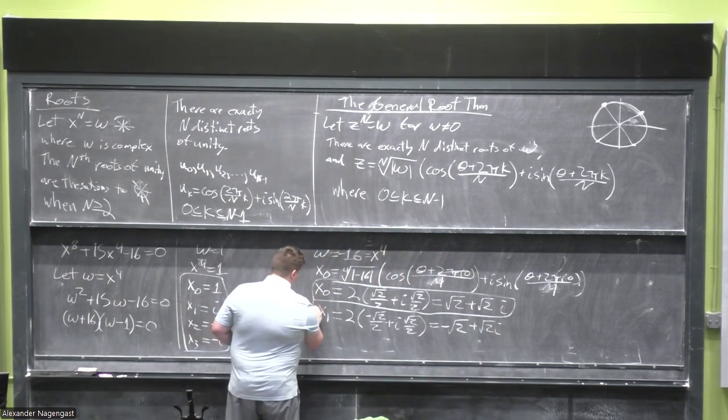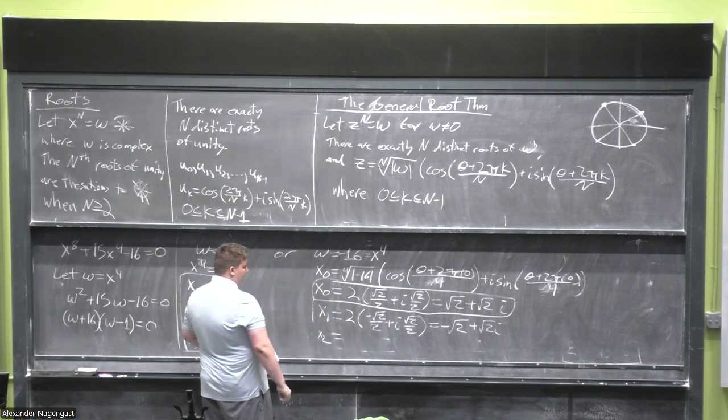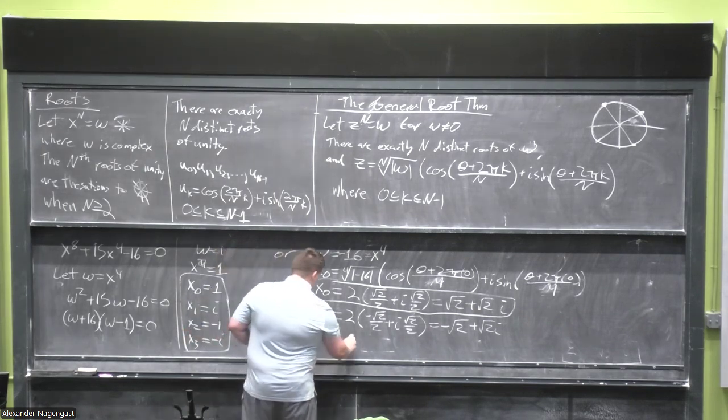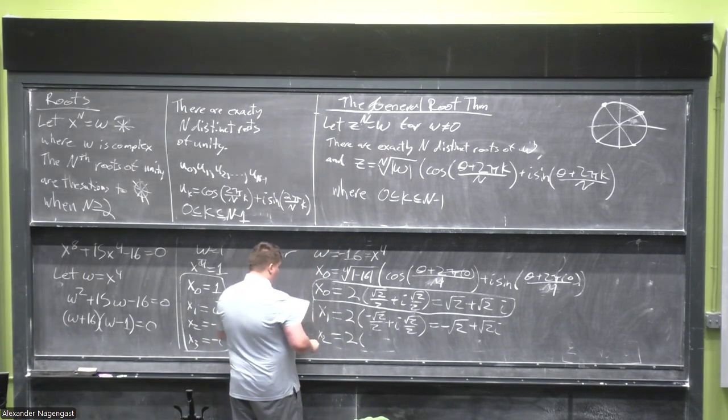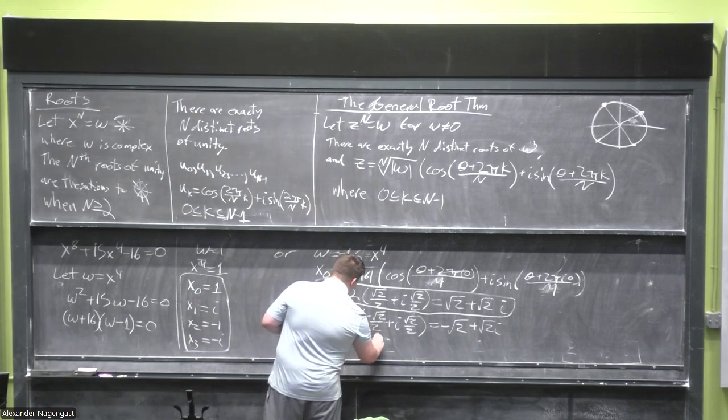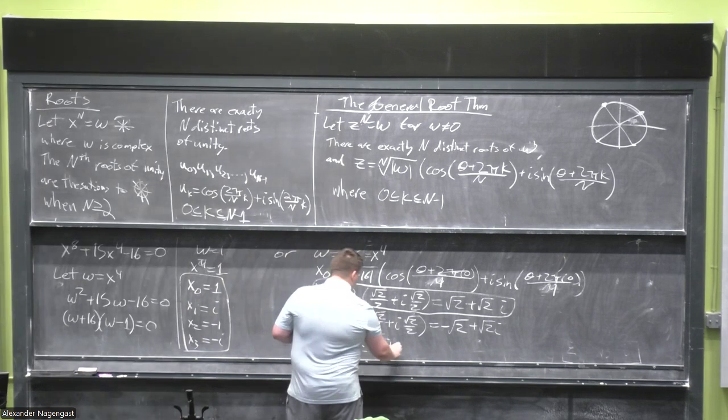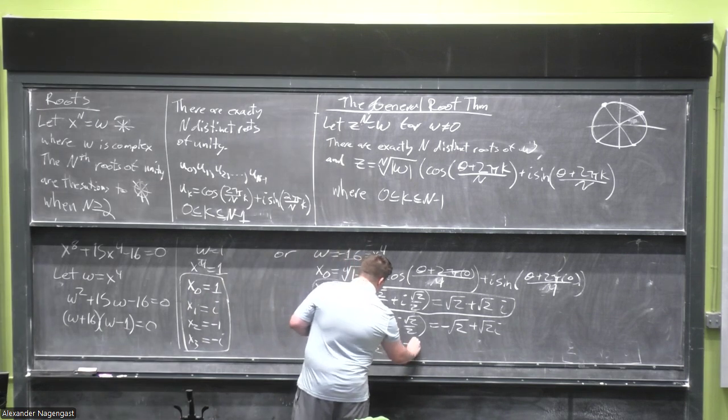And then we have x2 is equal to 2 times, and we'll get cosine of 5 pi over 4, which is negative root 2 over 2, plus i times negative root 2 over 2.